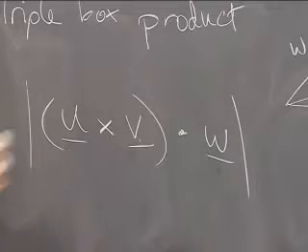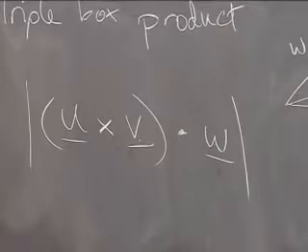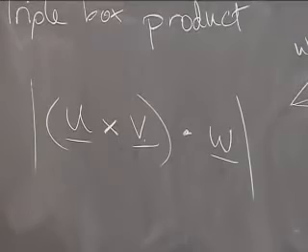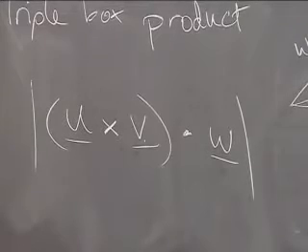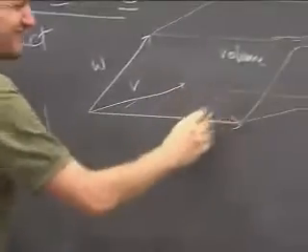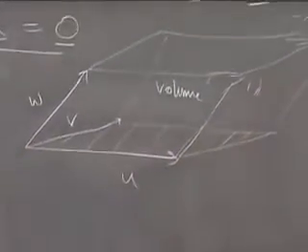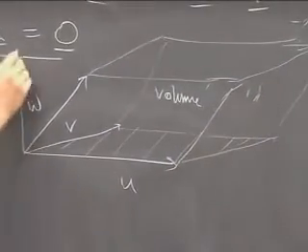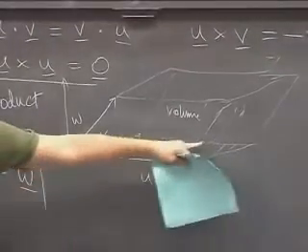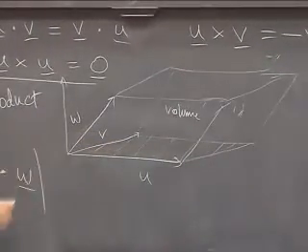All right. So U cross V dot W is the triple box product. Now, I claim that actually gives me the volume that I'm looking for. The reason is that U cross V as a vector is some vector that is normal to this, so it's sticking up, and it has length exactly the area of this.